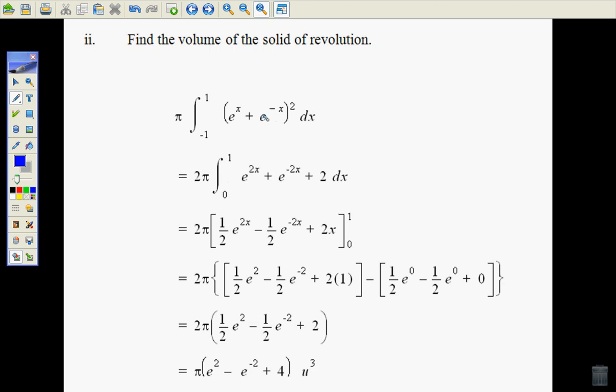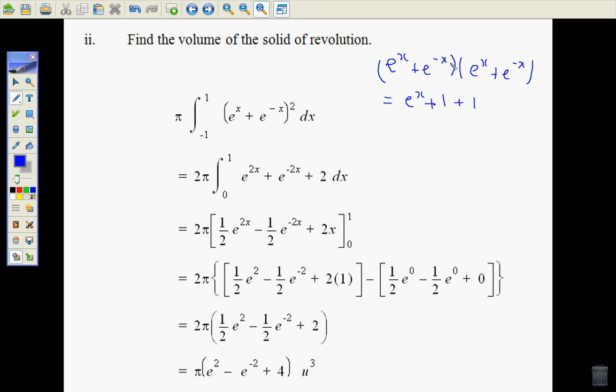And then I can't do any other rule except expand this out. So how do I get that? Well, the trick is that e to the power of x plus e to the power of minus x, we multiply it by itself. We've just got to take a lot of care. e to the x times e to the x is e to the 2x. e to the power of x times e to the power of minus x, we're going to add the powers, which is x minus x, which gives us e to the power of 0, which is 1. e to the power of minus x times e to the x, again add the powers, gives you e to the power of 0, which is 1.